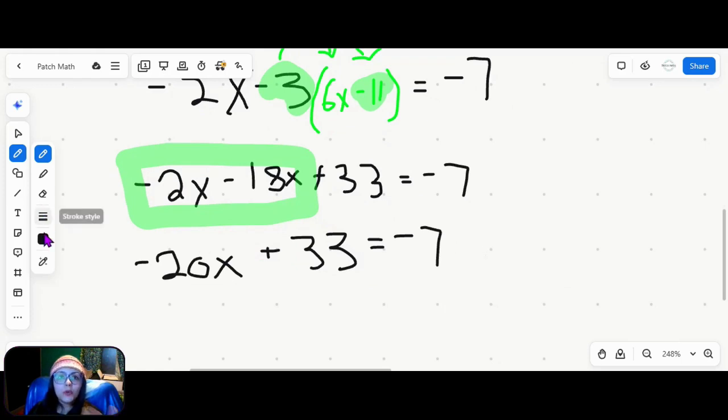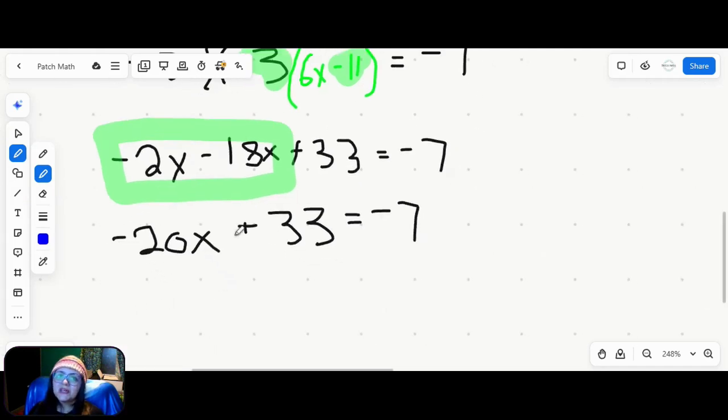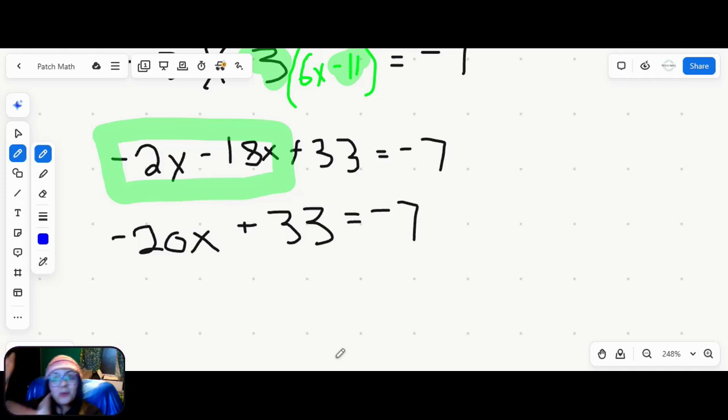Now, no more simplifying can be done. We can launch into the solving phase. We solve by doing the opposite operation of how the numbers are attached to x on both sides of the equal sign. Now, because we're doing opposite operation, we will do opposite order of operations to guide us.